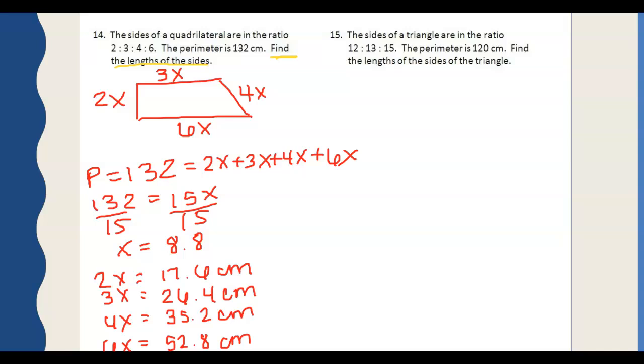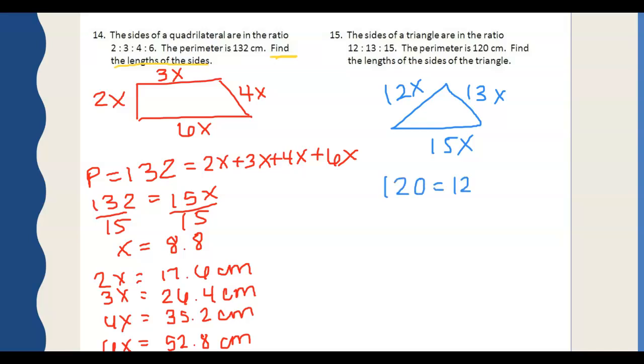You have a triangle that's 12, 13, 15. And the perimeter is 120. So you get 120 equals 40x.